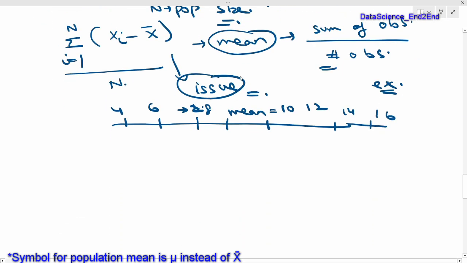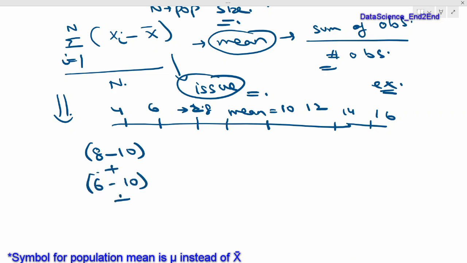So basically, if we follow the formula on this particular data, we will do 8 minus 10 plus 6 minus 10 plus 4 minus 10, which is equal to minus 2 plus minus 4 plus minus 6.